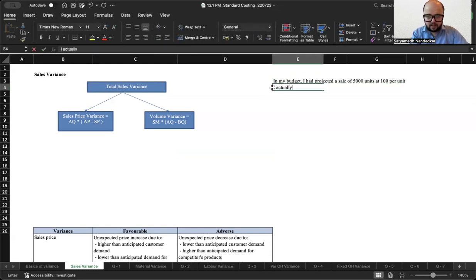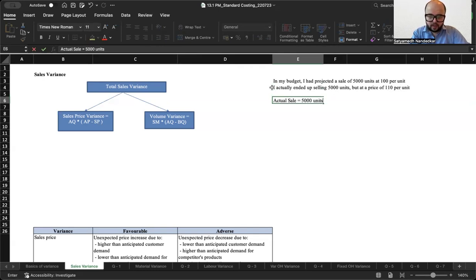I actually ended up selling 5,000 units, but at a price of 110 per unit. So what is my actual sale? My actual sale is 5,000 units into 110 per unit, which is 5,50,000.